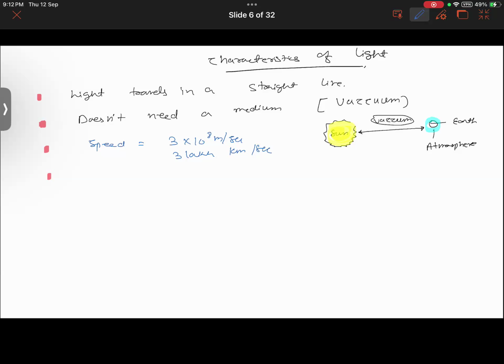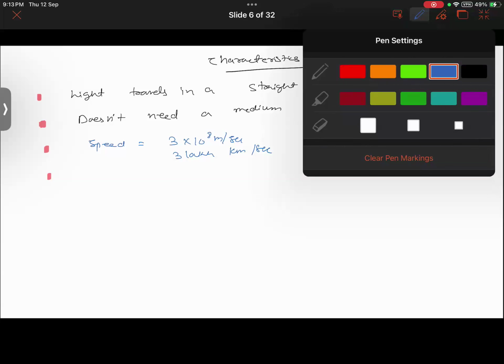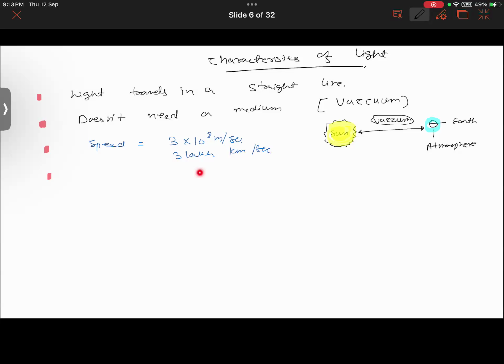In terms of kilometers, 3 lakh kilometers per second. In just one blink of an eye, in just 1 second, light will be traveling this many kilometers. Got this? That is one thing.